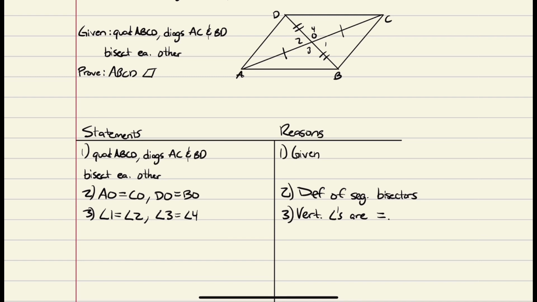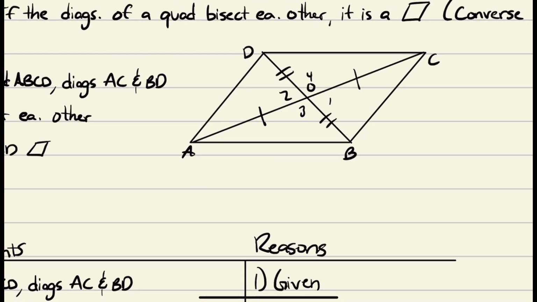Okay, step number 4. We can say that triangle DOC is congruent to triangle BOA. And this is by side, angle, side. Let's zoom on in here. We just stated that triangle DOC is congruent to BOA by side, angle, side.